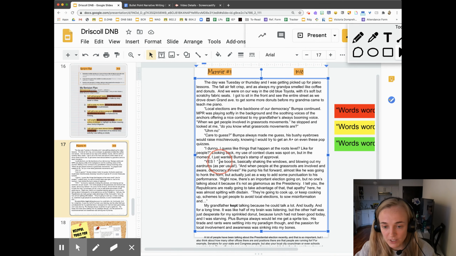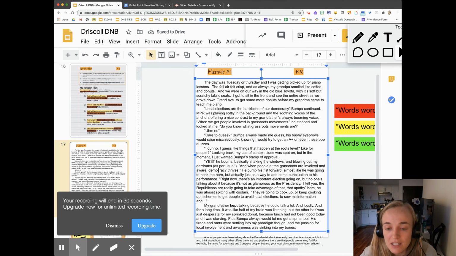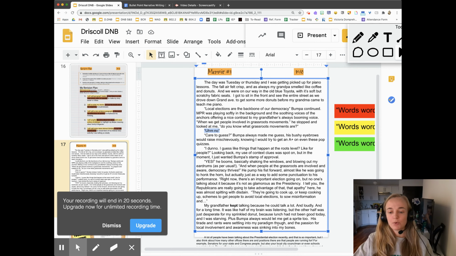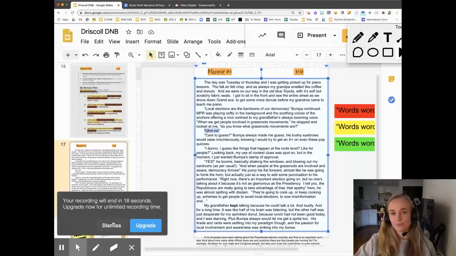Okay, so here for an example, I need to fix this extra space, and now the quotation marks are hugging nice and close my words and the actual punctuation mark. Let's take a look at this. How do I need to rewrite this in order to properly punctuate my dialogue here? Go ahead and chat it in the chat.